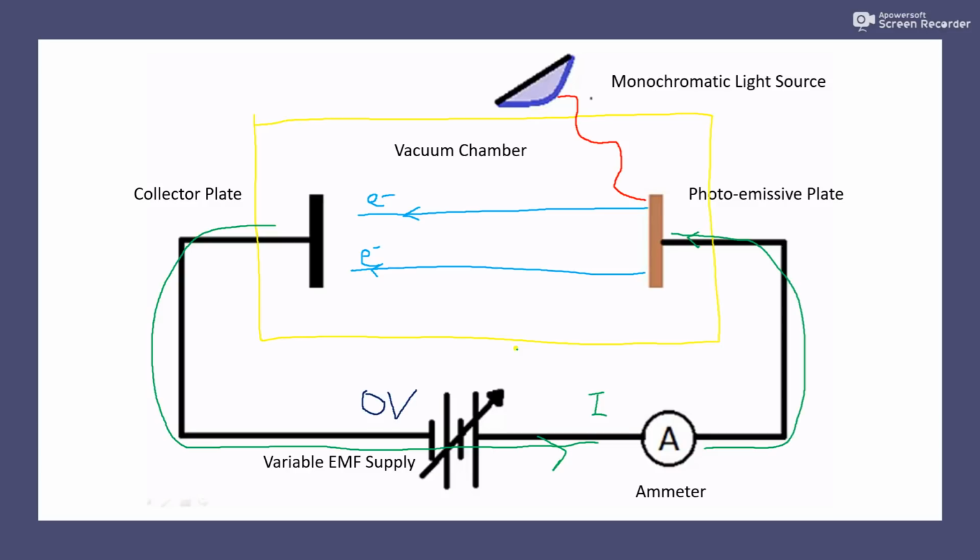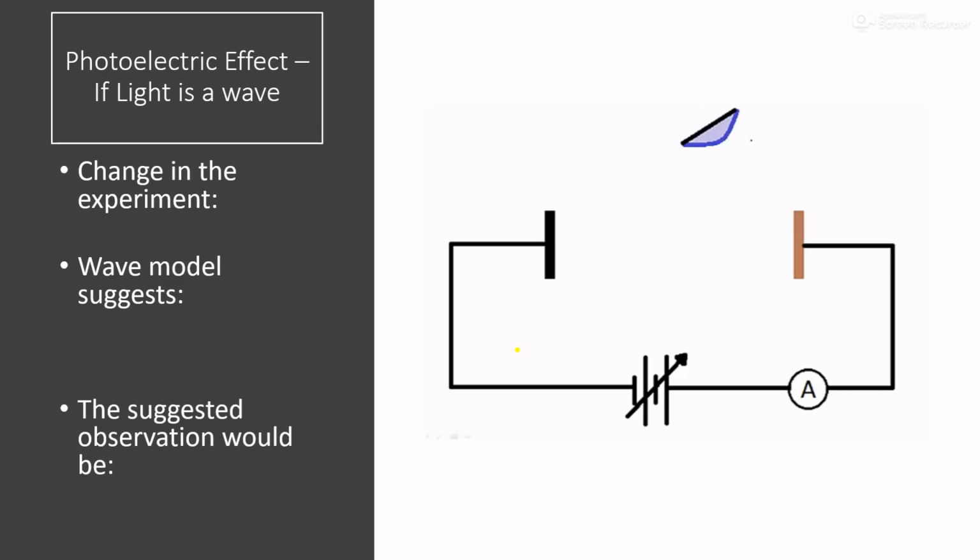Let's talk about two major things that we can change about this monochromatic light source. The first thing that we can alter, using our understanding of light as a wave, is the brightness or the intensity of that light. We are going to first talk about red light.